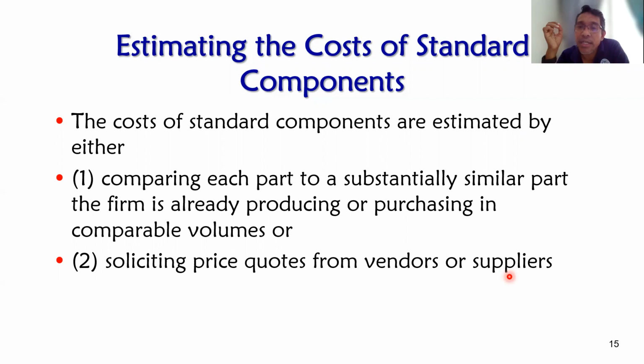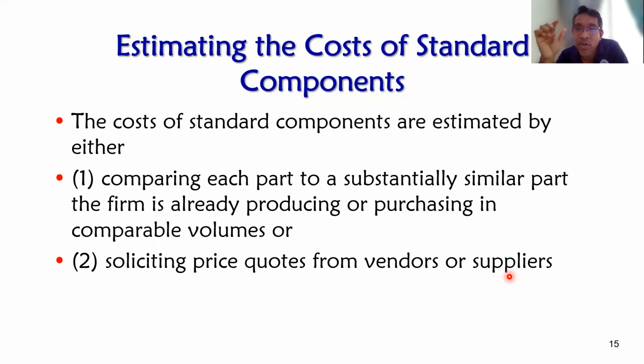So the estimated production quantity is very important here. For example, the unit price to purchase a screw, as a standard part, is 10 times higher if you purchase a smaller amount.